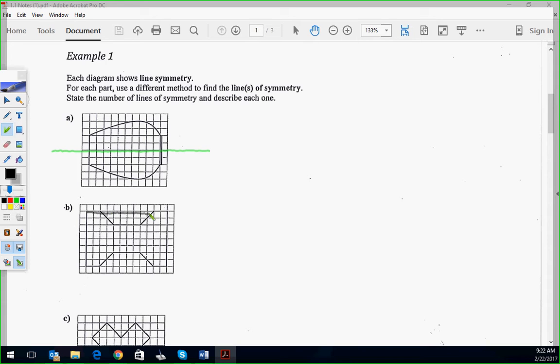Well, no, without that part, without the part in between. Oh, I see what you're saying. Okay, so it is like this. Oh, okay, I got you. So it's like this. There we go. So what are the lines of symmetry there?